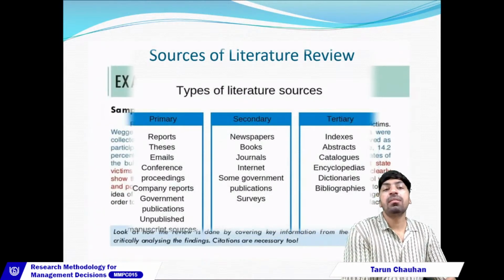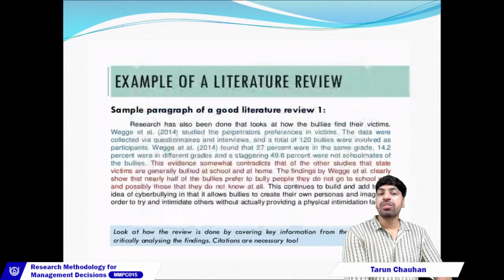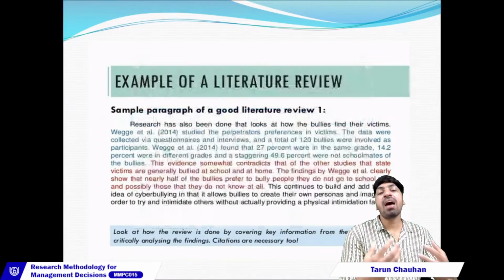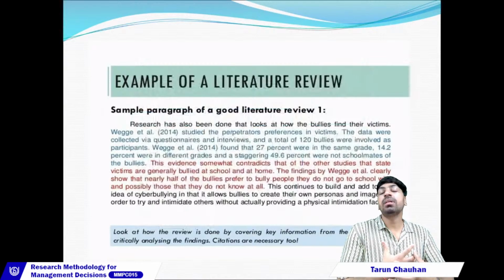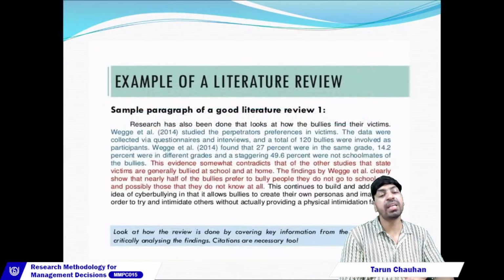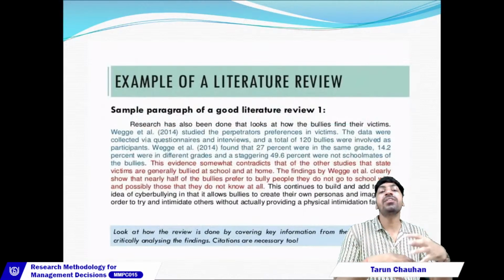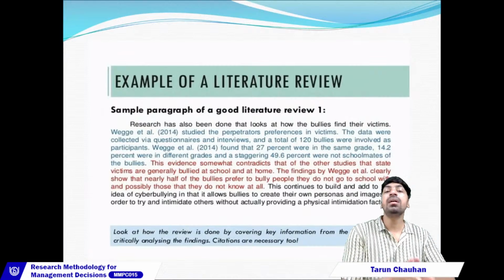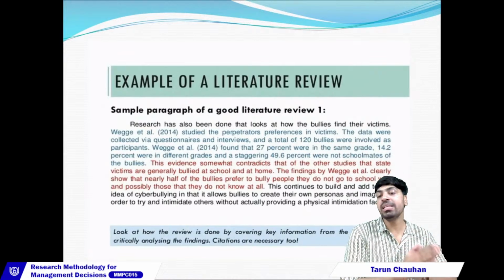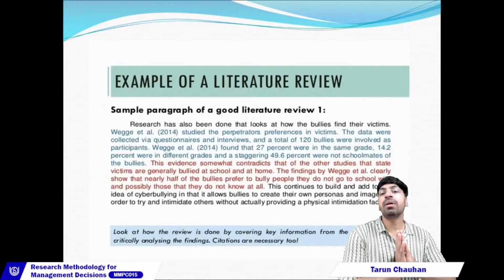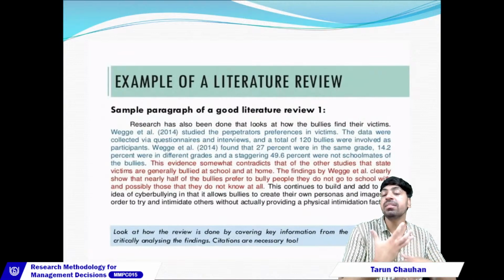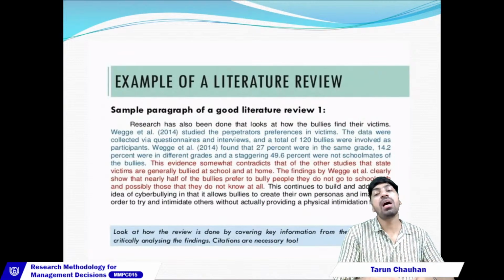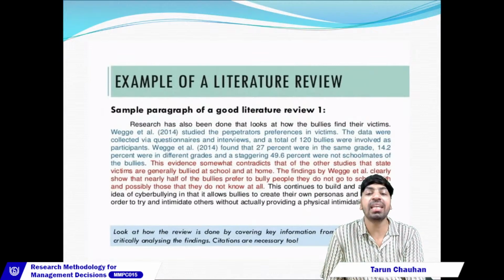This is a good example of a literature review, where you have to look at the research topic of how bullies find their victims, and accordingly a review is also related to this particular topic, either a correlation between the bullies and their victims, or the reasons that bullies find their victims very easily.